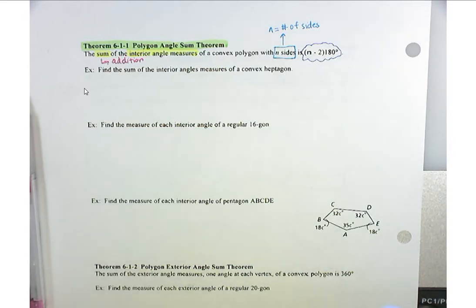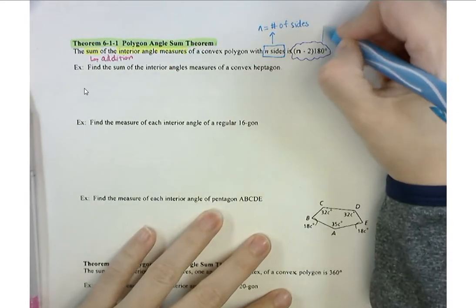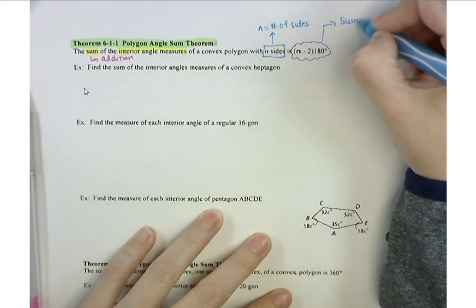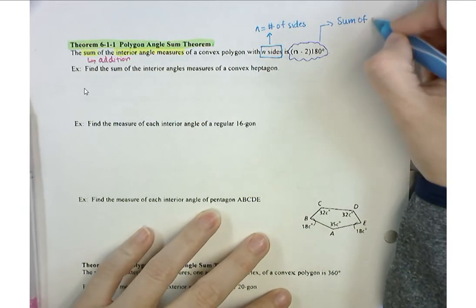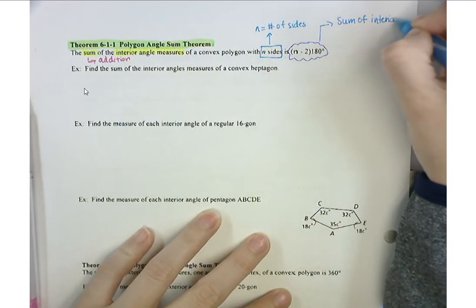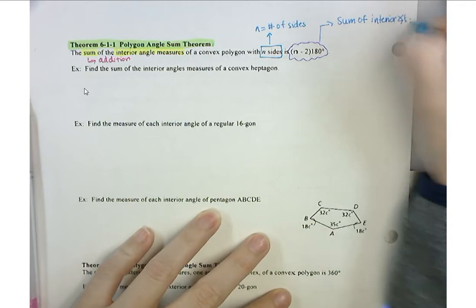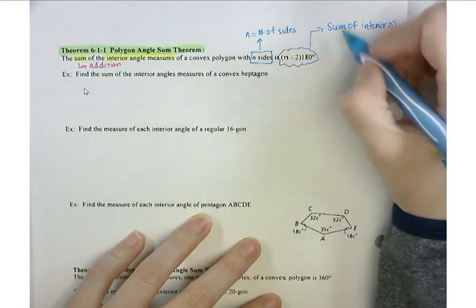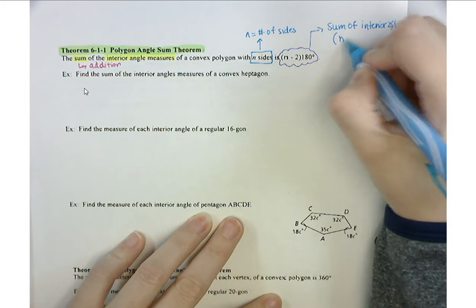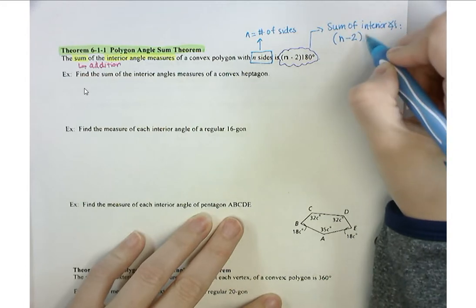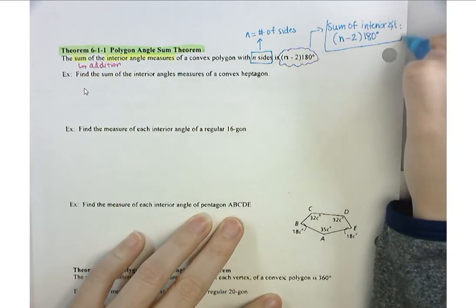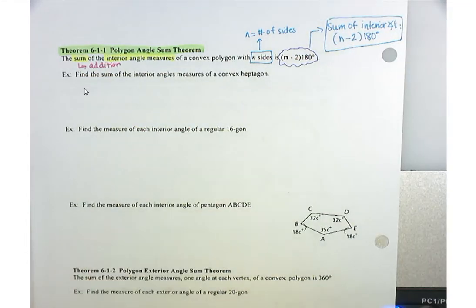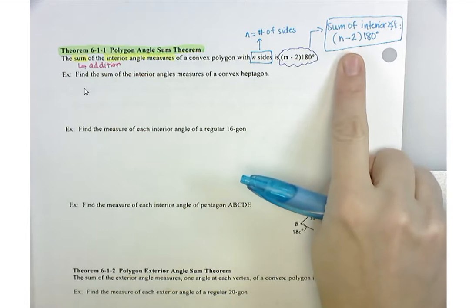So if we are going to find the sum of the interior angles, all we have to do is take the number of sides, subtract 2, and multiply by 180. And that's where n is your number of sides.